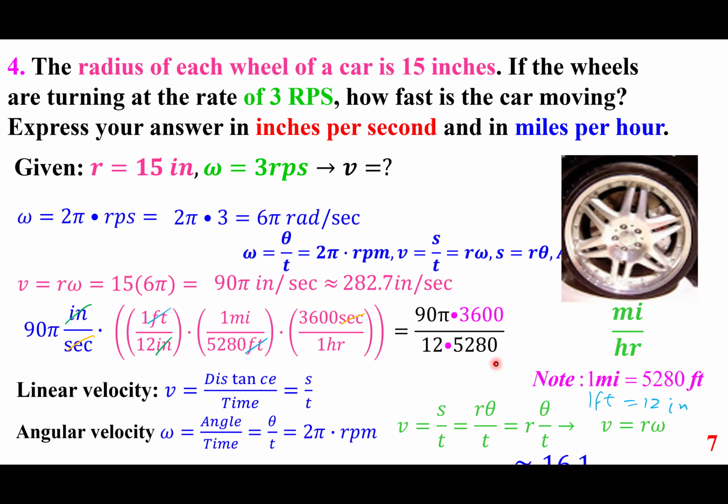You put that into a calculator, and it results in 16.1 miles per hour, which means if the wheels are turning at 3 revolutions per second, they give us 16.1 miles per hour as far as the linear speed is concerned. Again, that's pretty straightforward. We are going to move on to the next question.